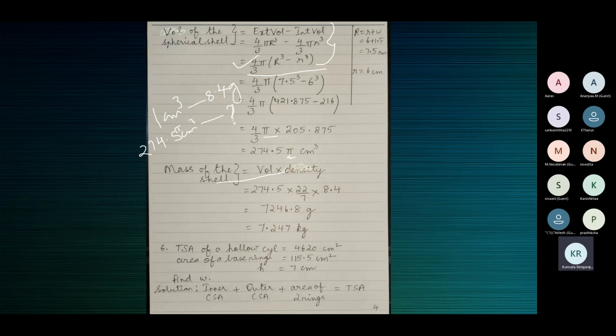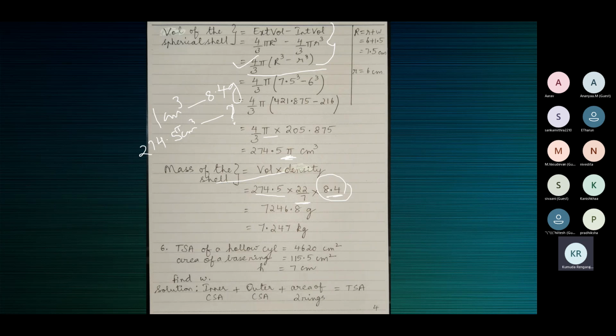Now here, I'm saying you can also use the value of pi 22 by 7. And if it is not exactly divisible, leave it as a fraction, something by 7. So I have substituted here 274.5 into pi is 22 by 7 into 8.4.